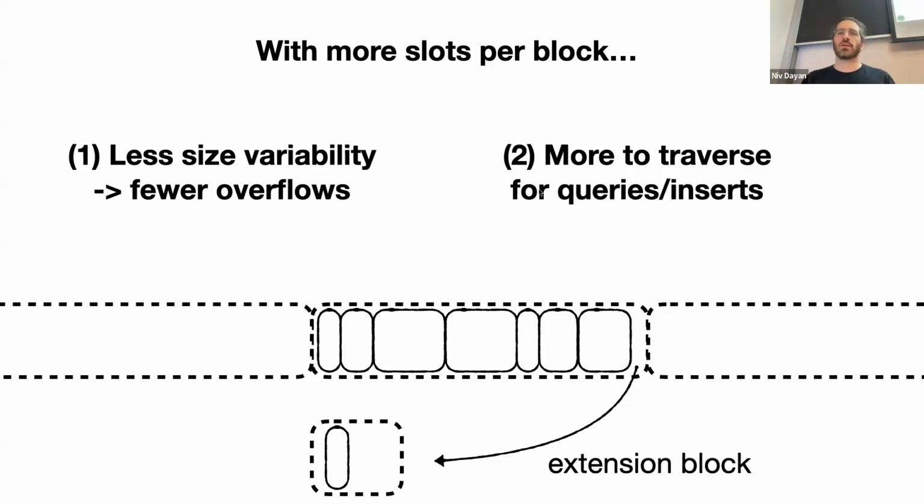But on the other hand, with more slots per bucket, I'm going to have fewer overflows. But that's going to cause my block size to become bigger. And so my cost of queries, my cost of traversing the block, is going to be higher. So there's some sort of trade-off here between the number of overflows that happen and the cost for traversing a block.